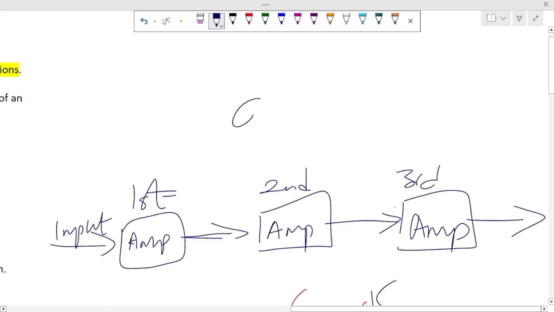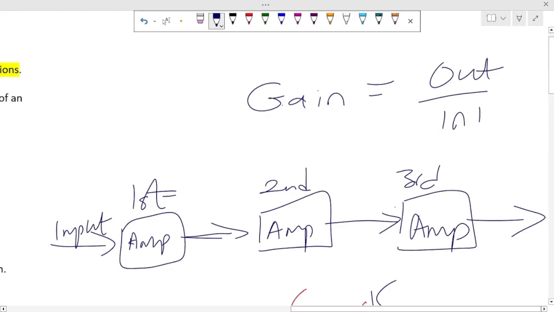Gain is actually, oh, I need my pen, and my pen is not here. So gain is output over input.